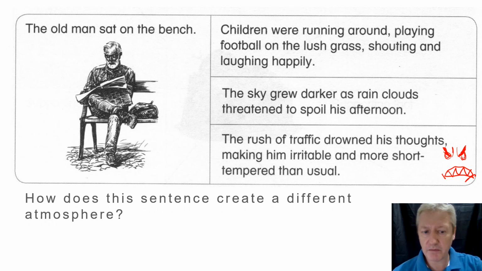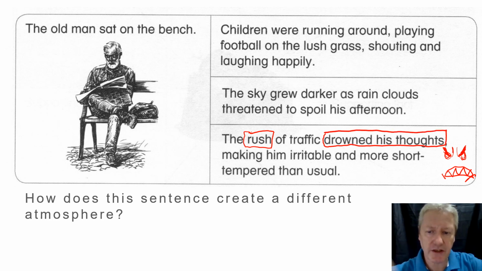Which words help to create this effect? The traffic. It uses the verb to rush. It's moving very quickly. And all this noise, and we can imagine too the smoke from the engines, but certainly the noise drowned his thoughts. He can't relax. He can't think clearly.